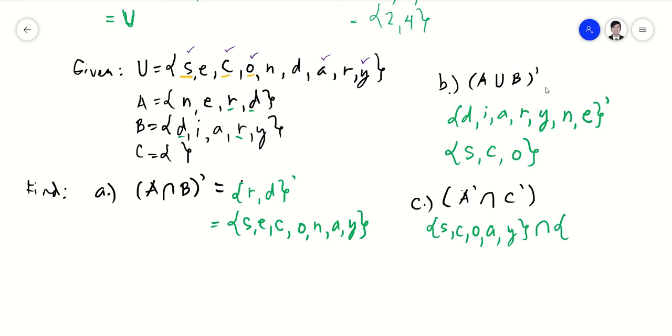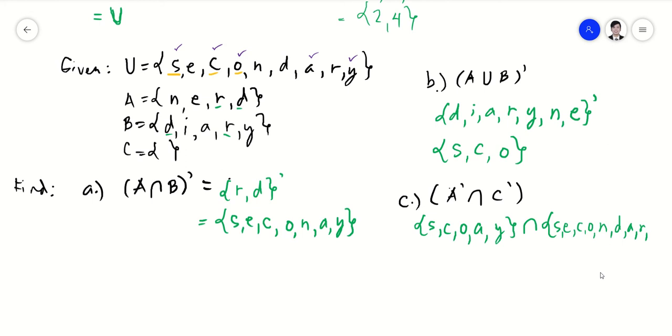And then the complement of C, because it's empty, just remember that would be the entire universal set. So S, E, C, O, N, D, A, R, and then Y. So now it's intersection.